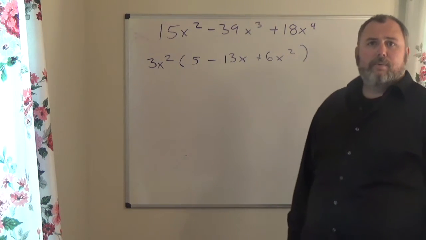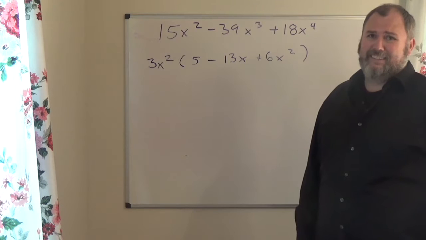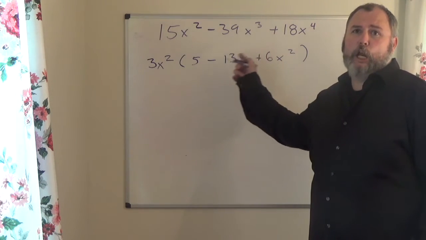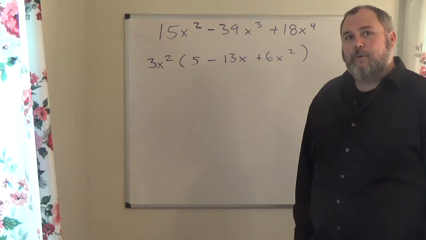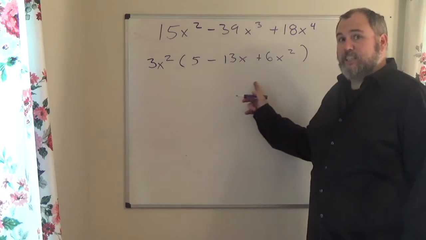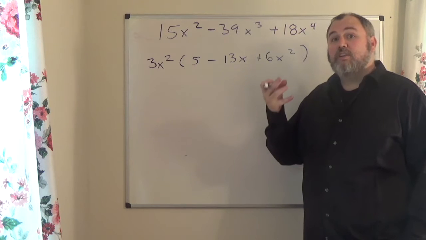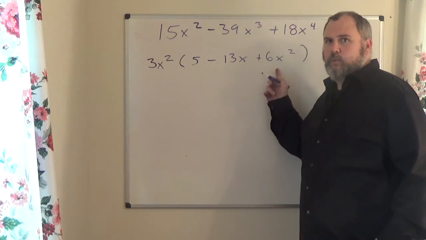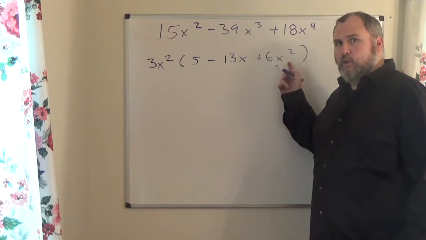Now, this is where you might be scratching your head like, well, this is not everything in the right order. And you know what? That's okay. We can actually rewrite this to make our life a little bit more saner. We don't like it this way. We like things in numerical order.